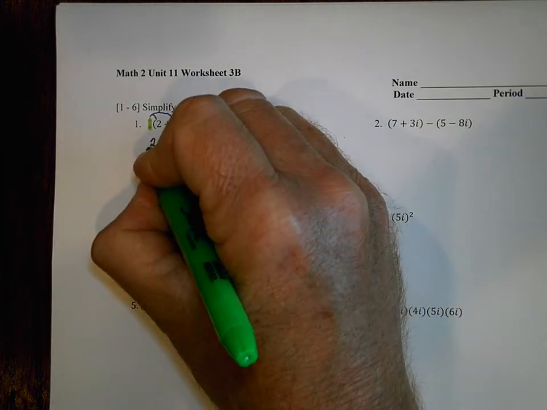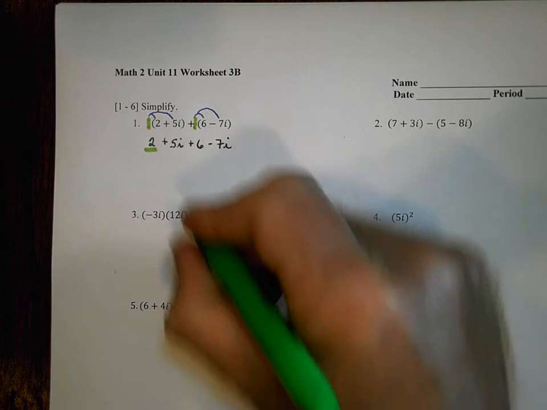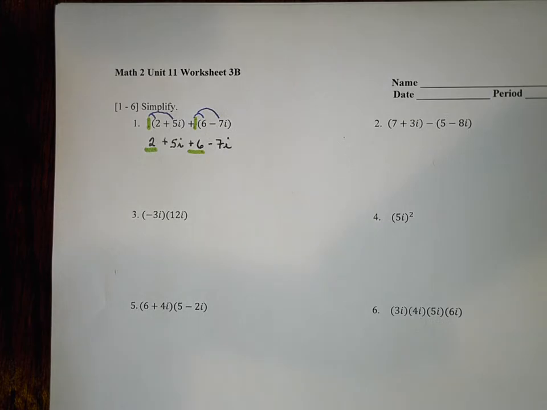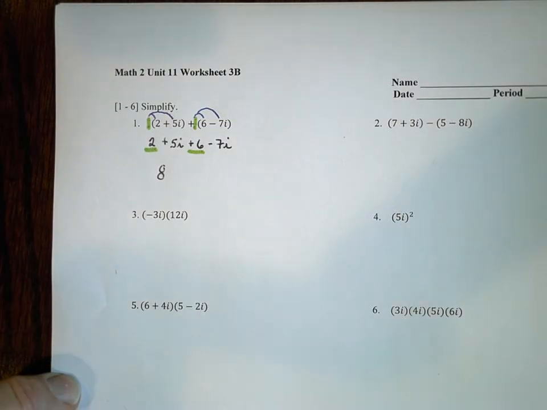So let's go ahead and start with the 2. Is there any numerical value that's a like term with the 2? There is. There's the positive 6. We combine those together and we get 8. Okay?